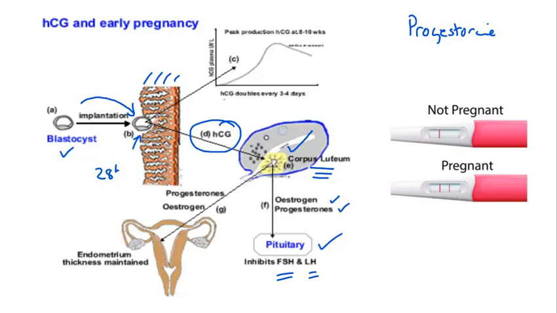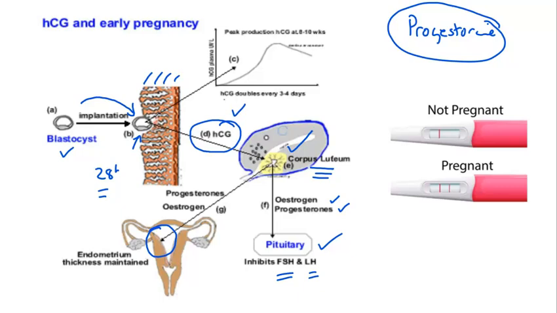The corpus luteum will sustain its production of progesterone, and that in turn will maintain the lining of the endometrium, which we don't want to break down at the end of the cycle. We want to keep that in place. So again, that is the function of the corpus luteum's sustained production of progesterone because of the hCG.